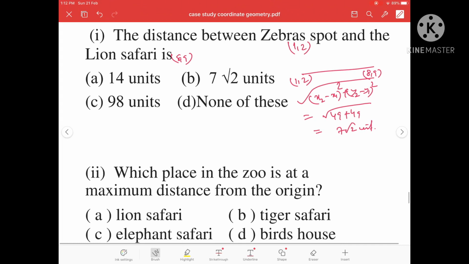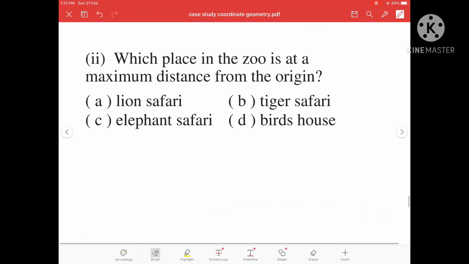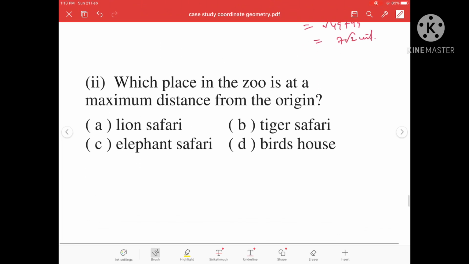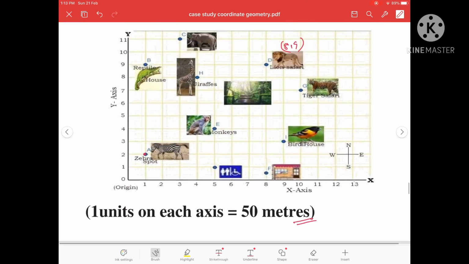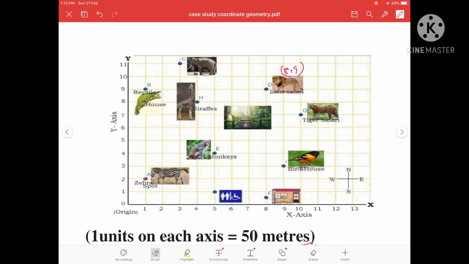Now comes to the second one. Which place in the zoo is at a maximum distance from origin? So here clearly we are having 2 points D and G, means lion safari and tiger safari, which are at maximum distance from origin. Now let's check whether OD is greater or OG is greater. The coordinate of G is 10, 7 and coordinate of O is 0, 0. So let us find out OD and OG.